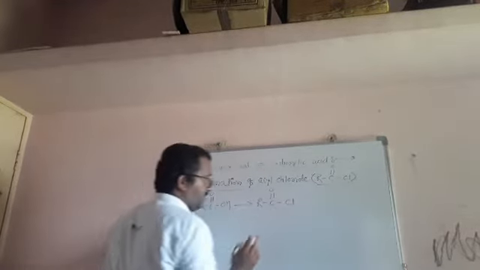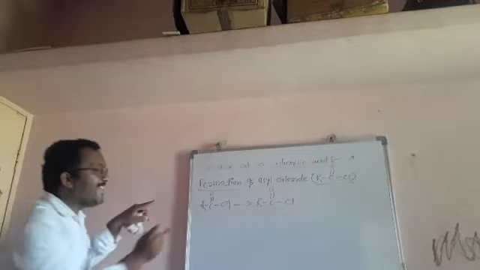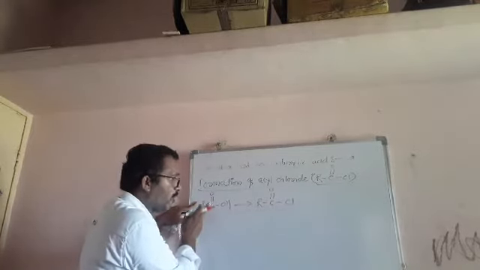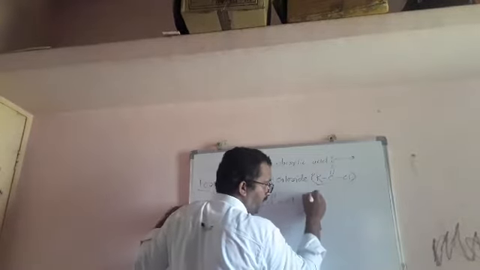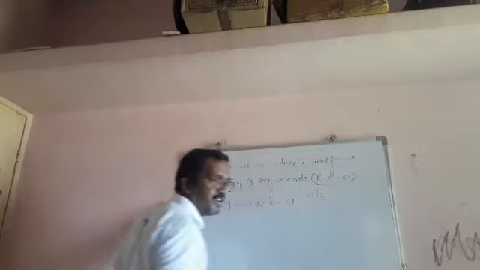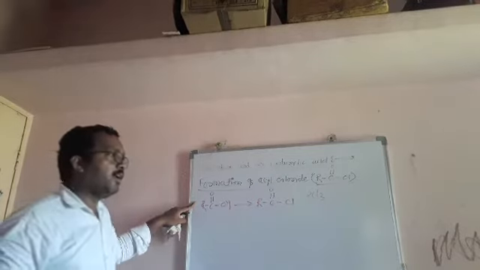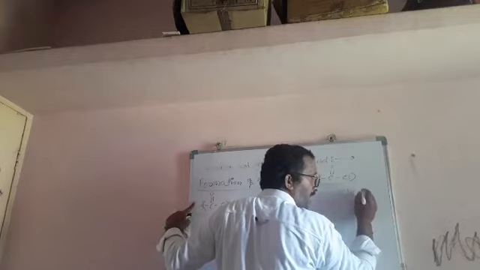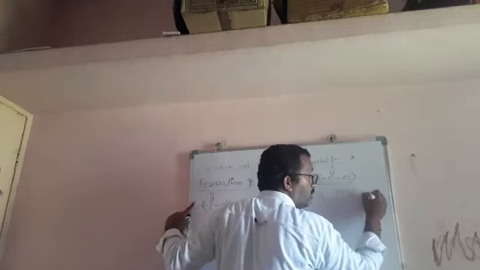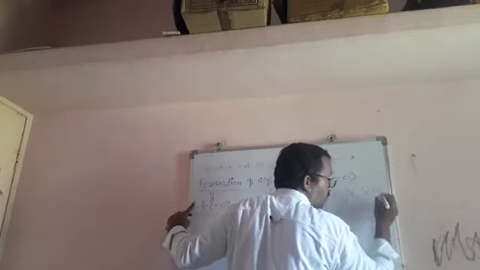In this reaction, when carboxylic acid is heated with PCl3, phosphorus trichloride, with PCl5, phosphorus pentachloride, and what? That is thionyl chloride, SOCl2.